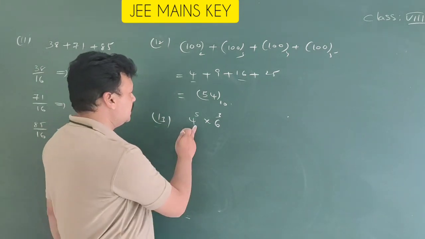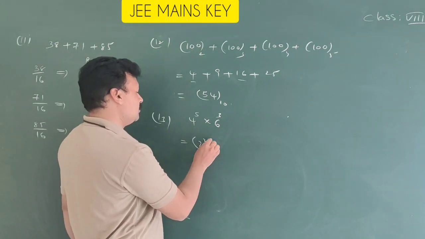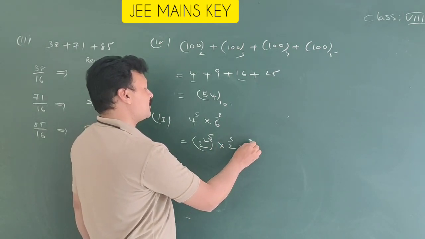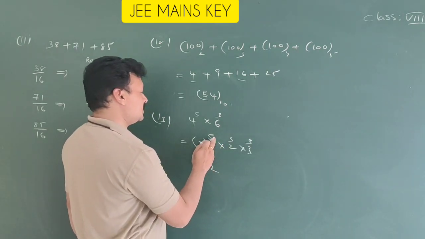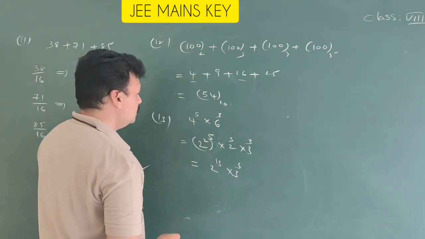We need to find the prime factors. (2 square) whole power 5 into 2 cube into 3 cube. So 2 power 10 plus 3, which is 2 power 13, into 3 cube.